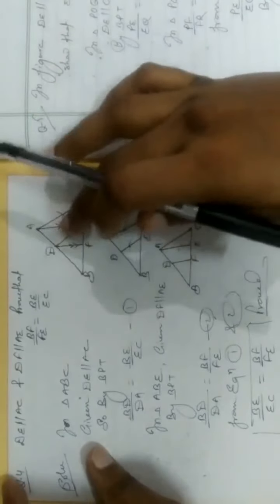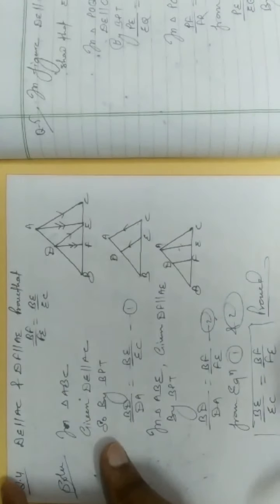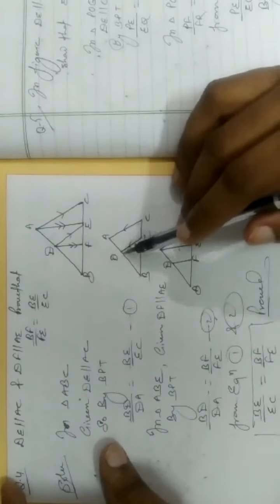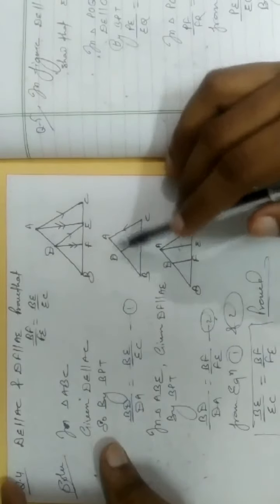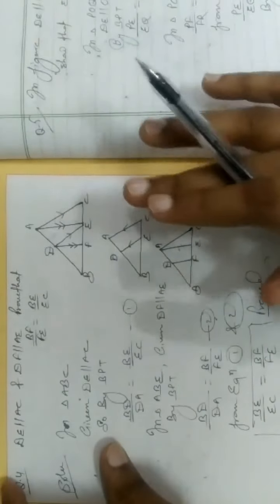These lines DF and AE you ignore for a short while. Then what do you feel? DE parallel to AC means that in this triangle BPT can be applied. Here the DE line will divide AB and BC in the same ratio. This is by BPT theorem.